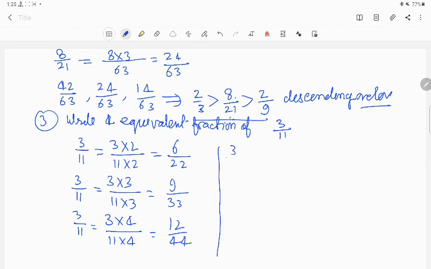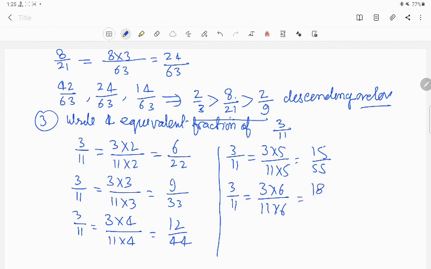Now 3 by 11 is equal to 3 into 5, 11 into 5, 15 upon 55. 3 upon 11 is equal to 3 into 6, 11 into 6, 18 by 66.